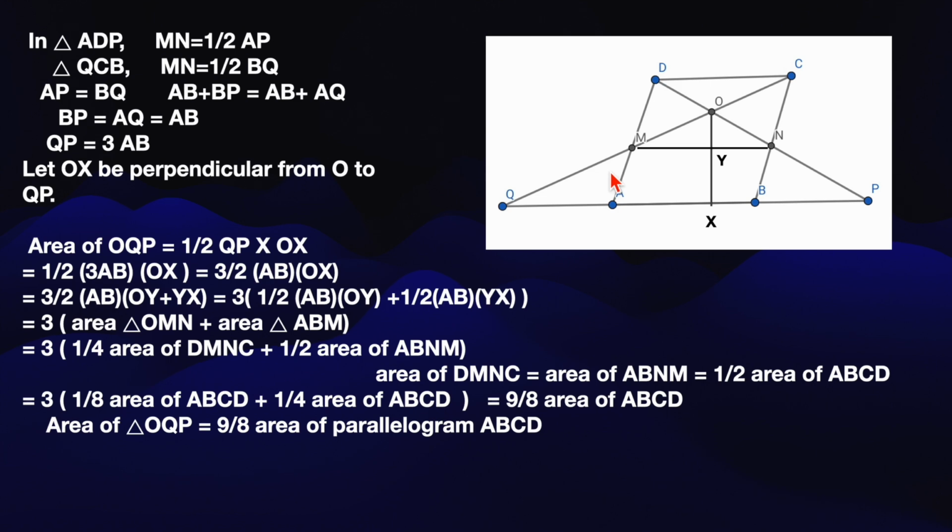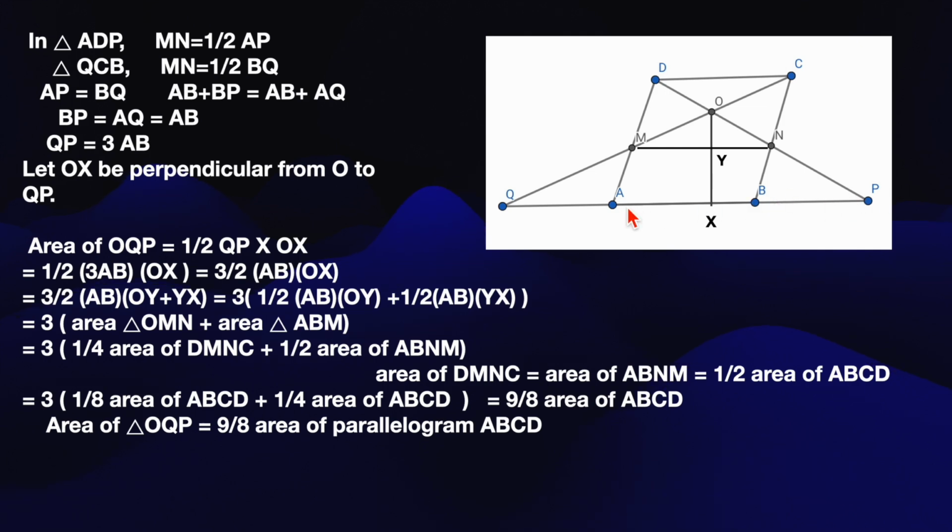So here, how do we prove that? First, we are going to take this triangle QCB and MN is equal to 1/2 QB. Similarly, if you take this triangle, MN is equal to 1/2 AP. What is AP?